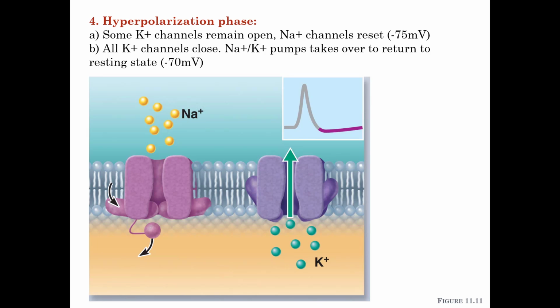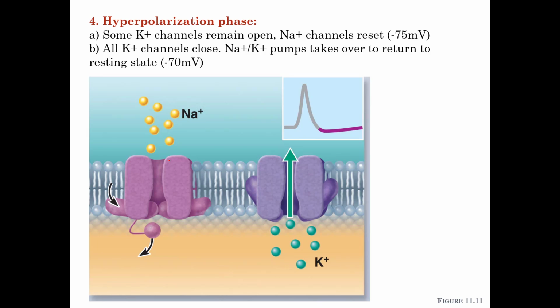Okay, the sodium channels close when we get to minus 75 millivolts. The potassium channels close when we get to minus 75 millivolts, and the sodium channels reset. So this ball here is the deactivation gate. It has to open up, and then the activation gates have to close again in order for this sodium channel to be prepared to respond to another action potential.